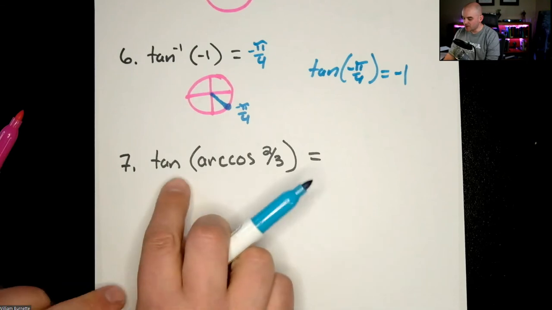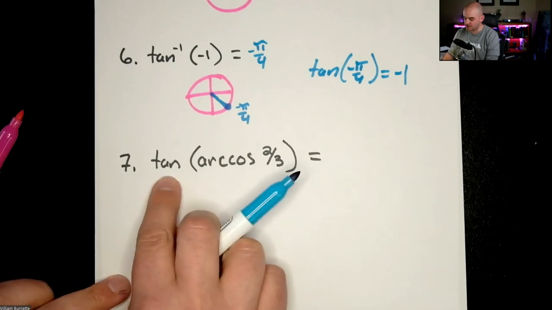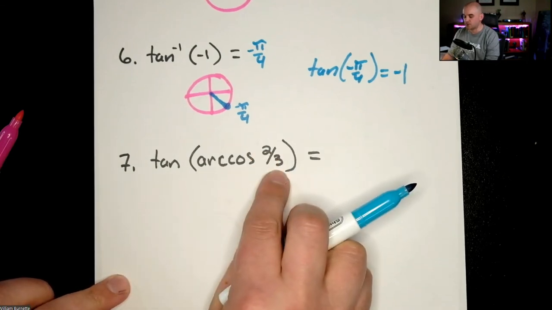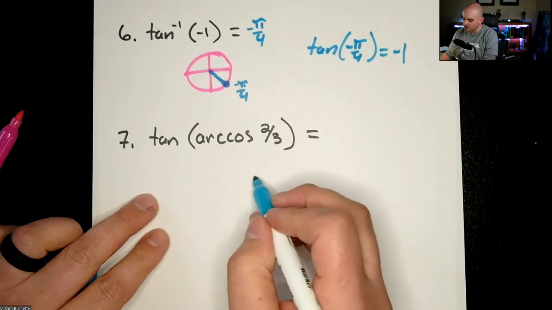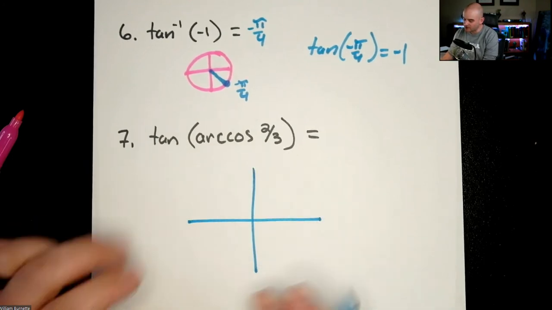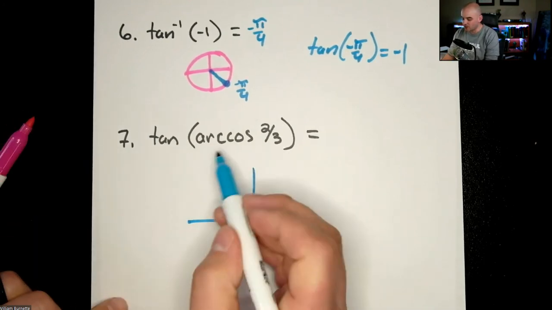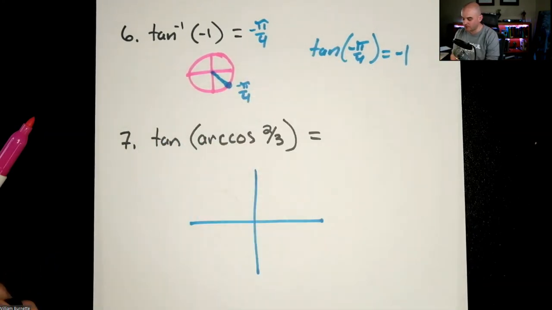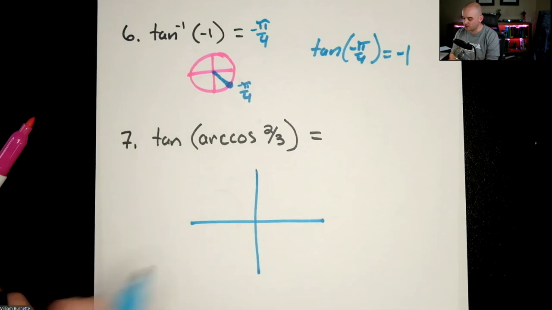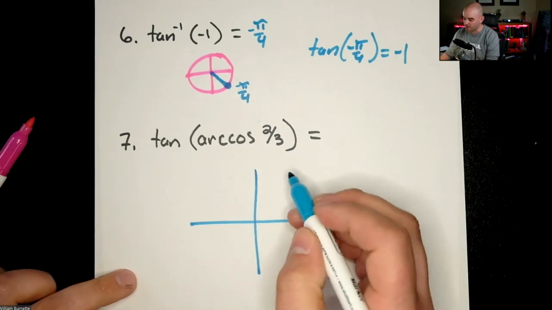All right, now we get into some funny stuff right here. We're taking the tangent of the arc cosine of 2/3, and 2/3 is not something that we know from what we memorized on the unit circle. So what I'm going to do on a crazy question like this is to actually draw it out. Now with arc cosine, I know that I'm restricting myself to the top half here, and this is 2/3, so I'm actually just going to sketch that point.